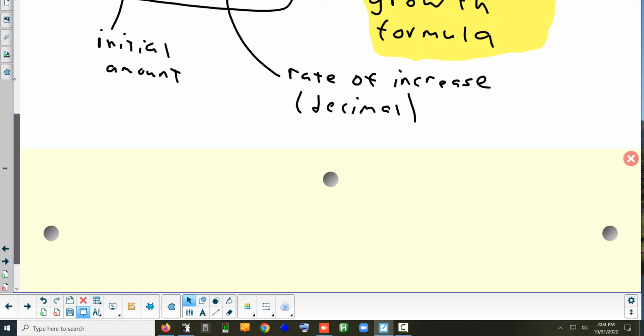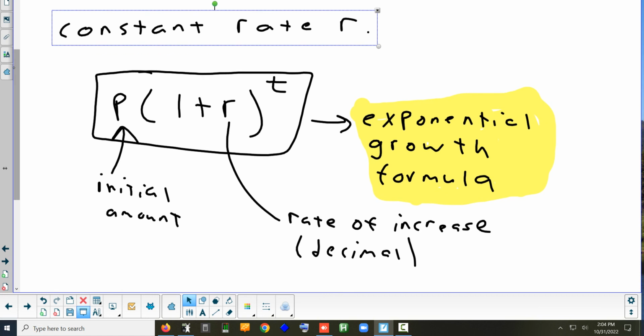Alright, let's look at the formula for what we call exponential growth. There's not a lot to it. It's just P times 1 plus R to the T. I should have labeled T. T is time.